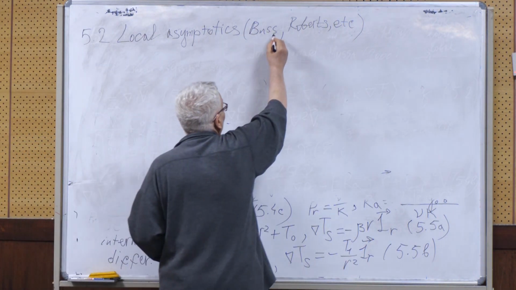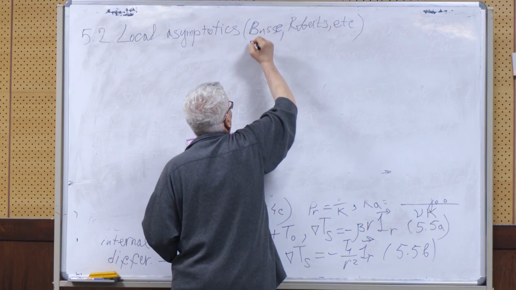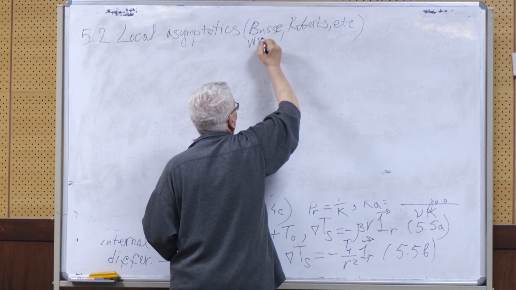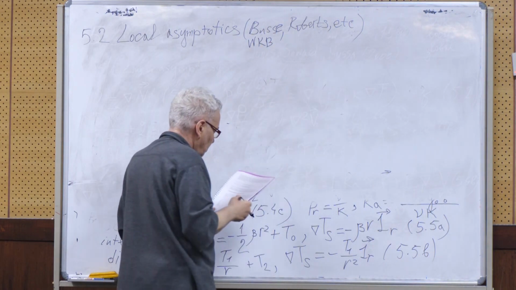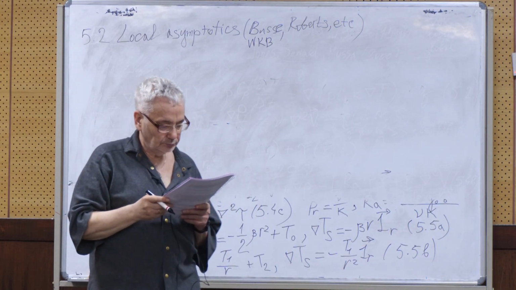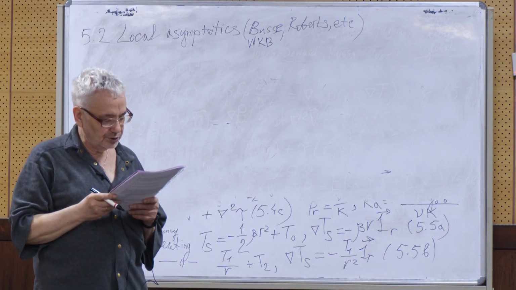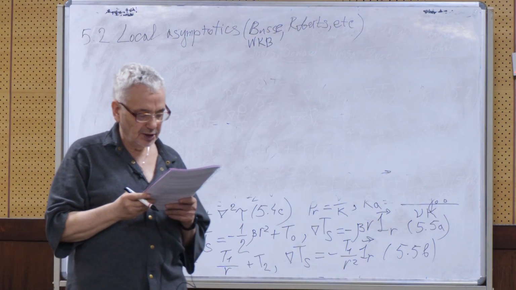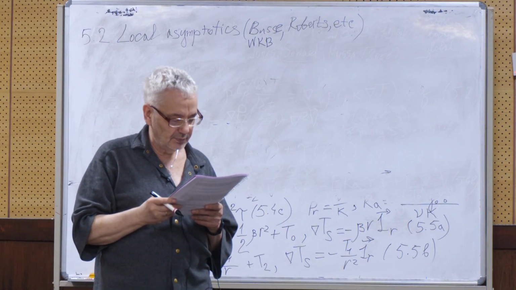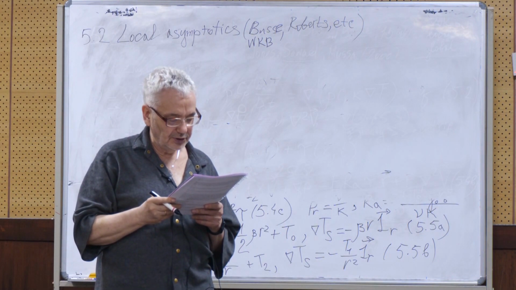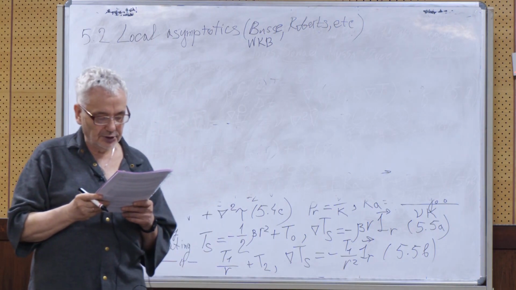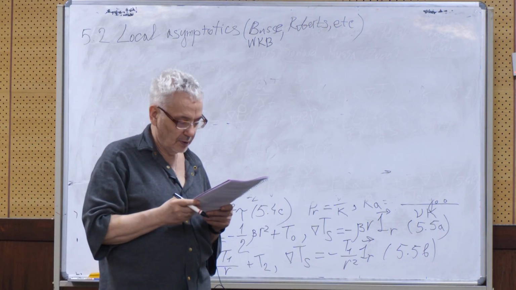Busse used the WKB approximation. And Busse, two years later, studied the onset of convective instabilities of a self-gravitating internally heated rotating fluid sphere.